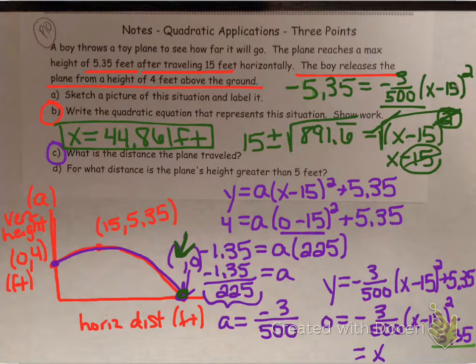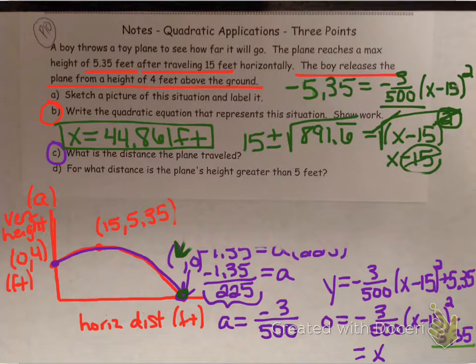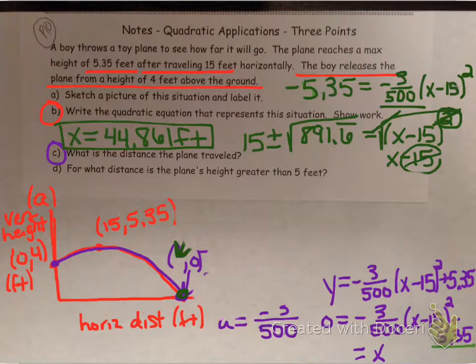Okay? And then the final part of the problem, once again I'm going to need some room here. So the final part of the problem says, for what distance is the plane's height greater than 5 feet?